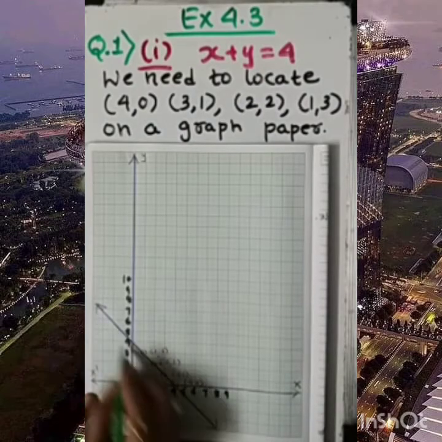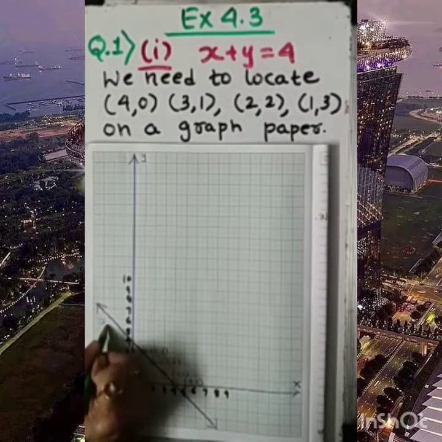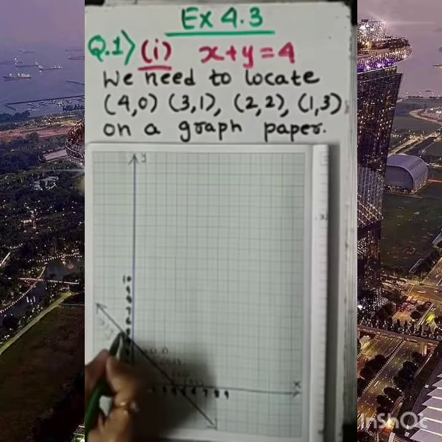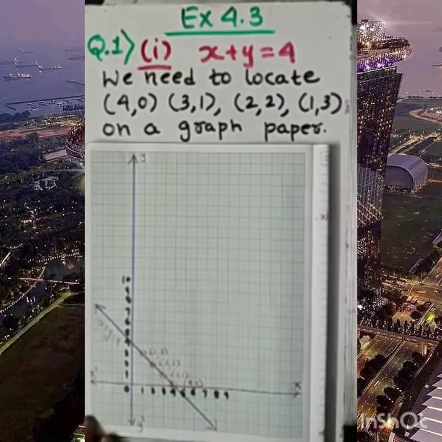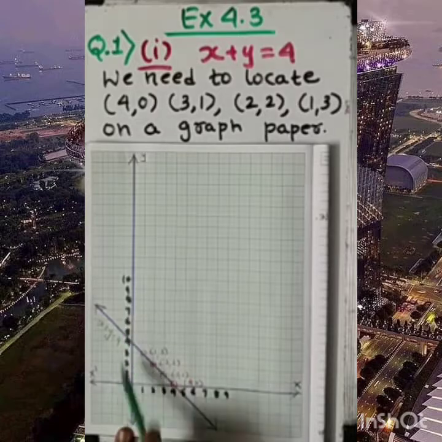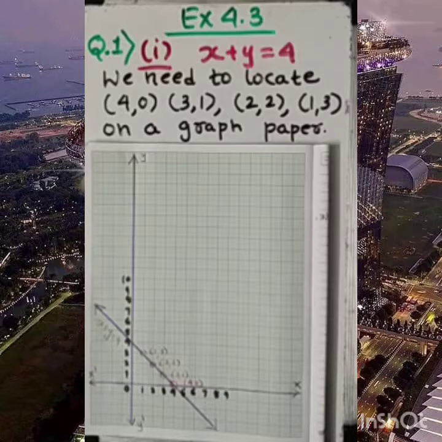Dear student, in this case there is no need to mention the scale, because we are using the Cartesian plane, and we are choosing 1 unit on the x-axis and y-axis. This is the complete solution of the first part of question number 1. Clear to you?